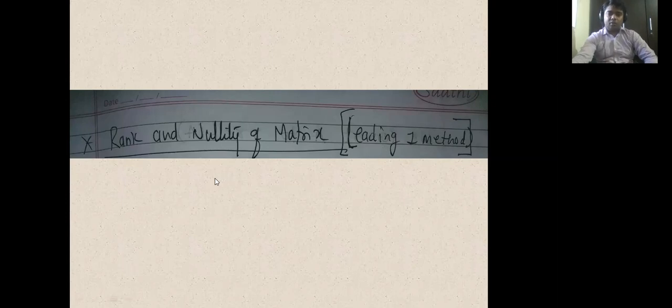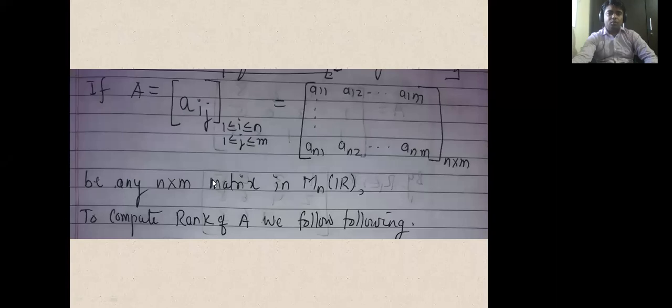So what are the steps? If A has entries a_ij, i from 1 to n, j from 1 to m, that is a11, a12, up to a1m row-wise, similarly an1, an2, up to anm row-wise, an n by m matrix in R^(n×m), with all entries real numbers.